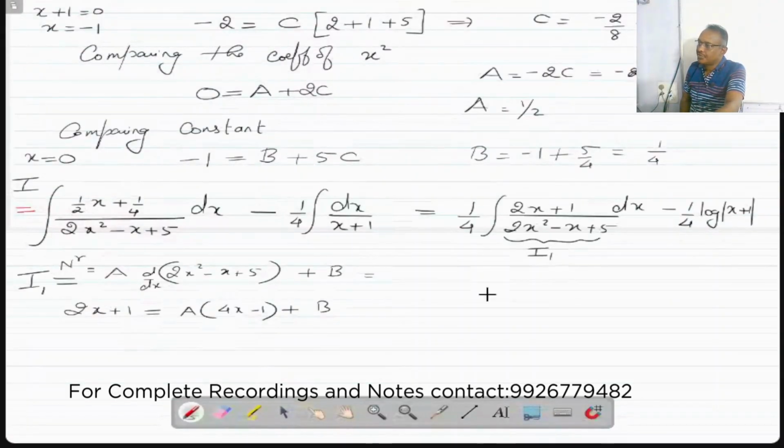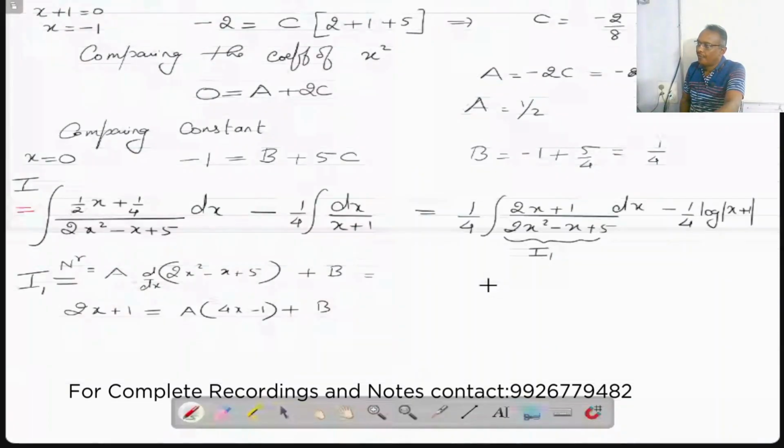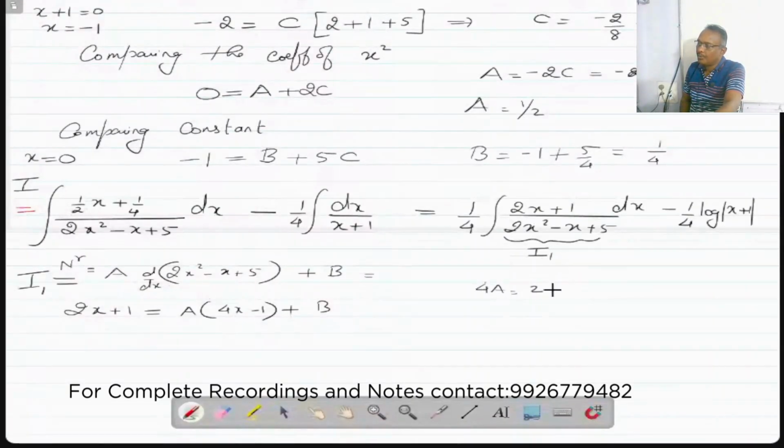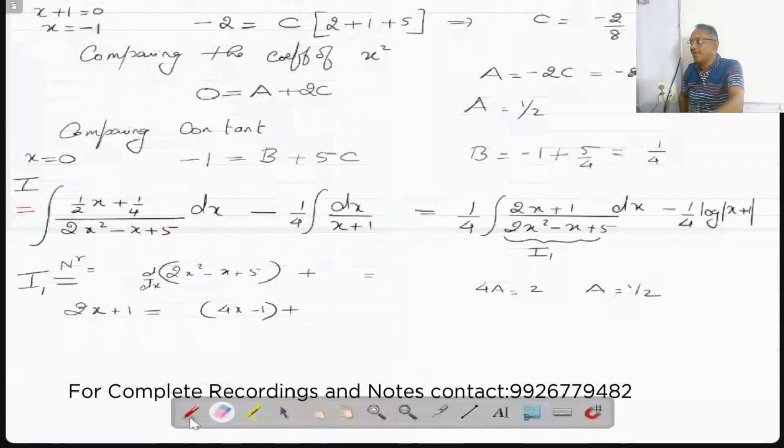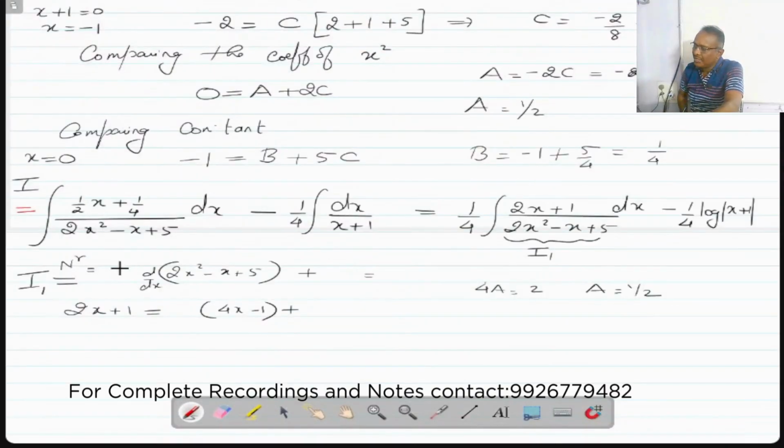X का कोएफिशिएंट 4a is equal to 2, a का वैल्यू 1/2. अच्छा एक मिनट थोड़ा सा नाम चेंज कर देते हैं. ए भी अपन ने पहले यूज कर लिया, तो तुम ऐसा ना बोलो कि सर वो तो लिखा है ऊपर. I change the name, पी क्यू कर देते हैं.